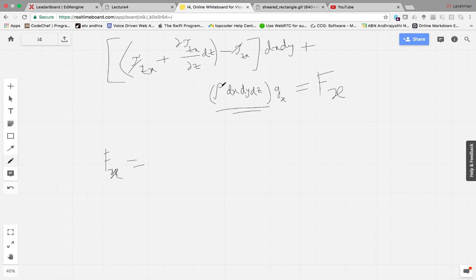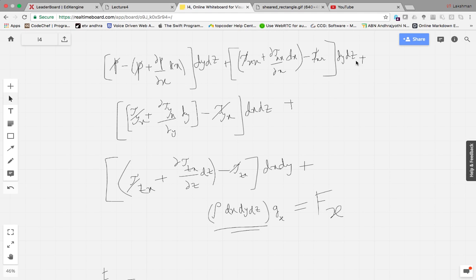This body force, rho dx dy dz gx, is because of the force exerted by gravity on this particular fluid element. By combining all these forces, there is a resultant behavior on that particular fluid element.